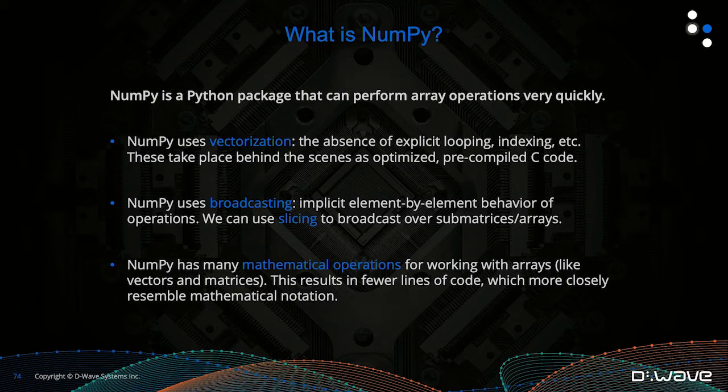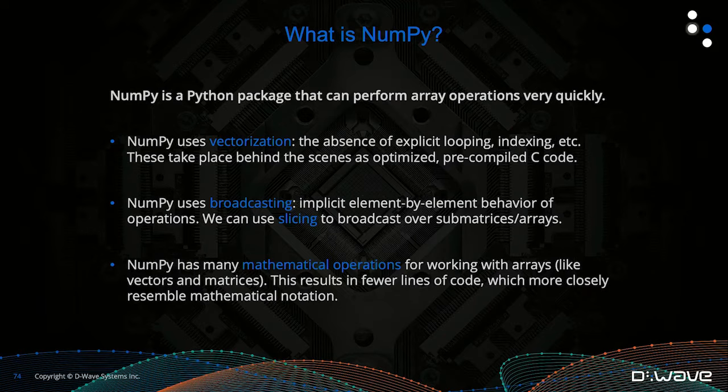So what is NumPy? A lot of people that use Python are very familiar with NumPy because it's really useful for performing array operations very quickly. So NumPy uses vectorization. What this means is that you're not going to have for loops or anything like that. These are going to take place behind the scenes, and it's going to be running C under the hood. This is how it's going to get some of those speedups and some of those efficiencies.